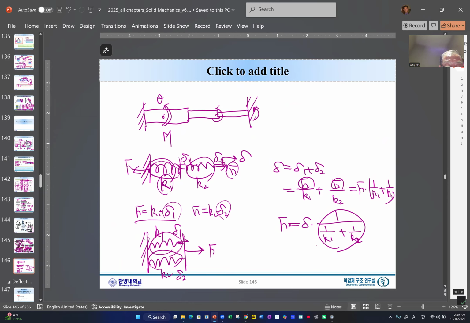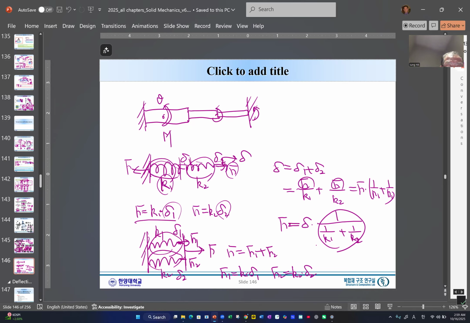We don't know F1 and F2, but we do know F equals F1 plus F2, because this external force will be the sum of F1 and F2. And then F1 will be simply K1 times delta 1, and F2 simply K2 times delta 2.